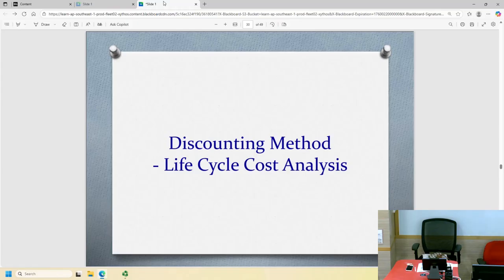And we have ignored the fact that there will also be energy saving 6 years later, or maybe there would be some costs that you have to pay after this study period. So that's why we may use the life cycle cost concept to study the overall cost for a project.